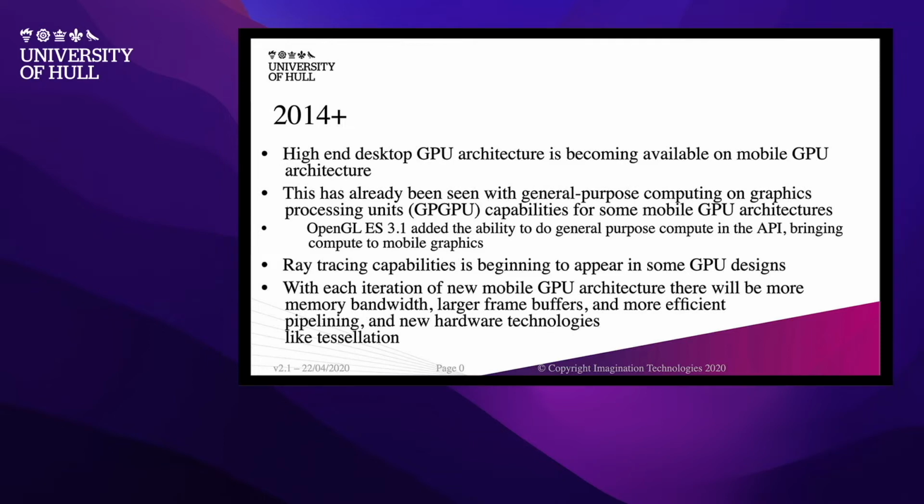So if you want to use that, you can use compute shaders to actually do non-graphics work, or still graphics work, but using it as a specialist processor, which is really, really nice. And with each iteration, we're getting more and more things, including on more modern GPUs, even tessellation. We'll be looking at all of those things.